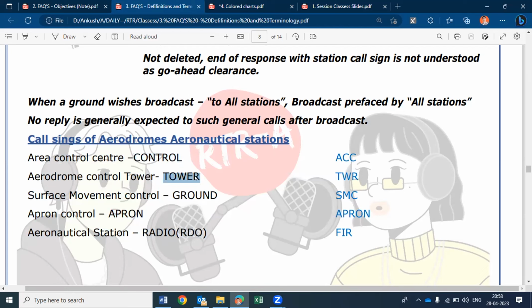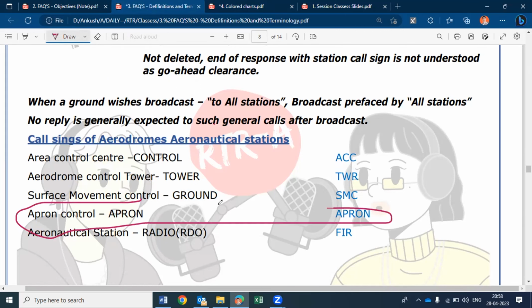Aerodrome control tower, in short, you can say it tower. Surface movement control, that is called ground. Apron control, you may not see this every time. You are not going to see apron control every time. But there is also provision on some airports to have apron control.